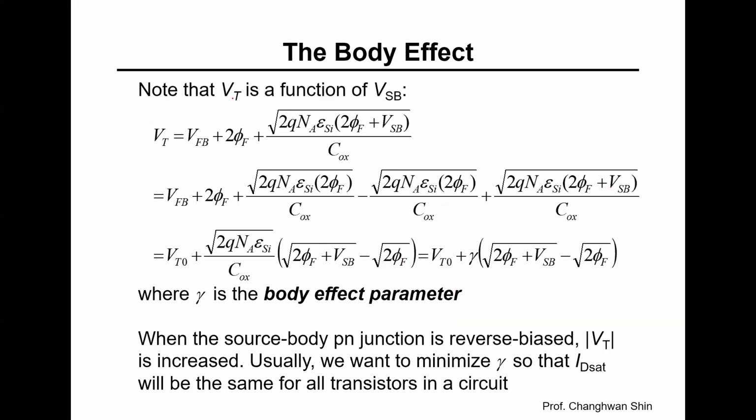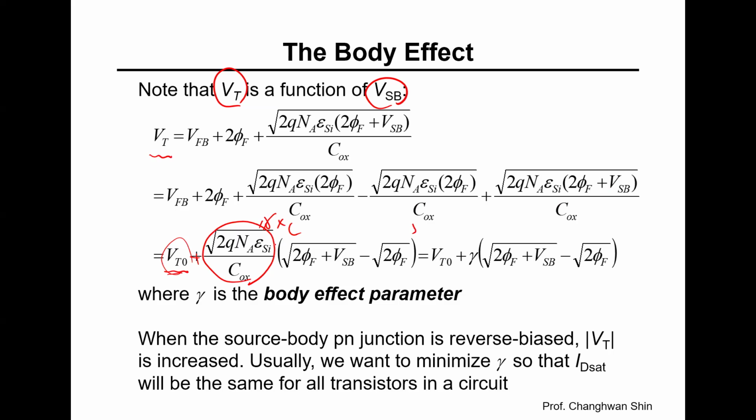The threshold voltage VT is not constant actually, but varies with the source-to-body voltage VSB. This phenomenon, known as the body effect, is represented by the threshold voltage being equal to VT0 without any body effect plus the body effect parameter gamma times some other factors.